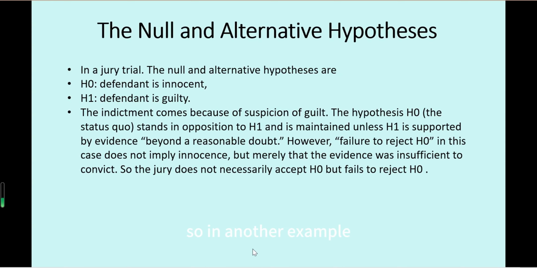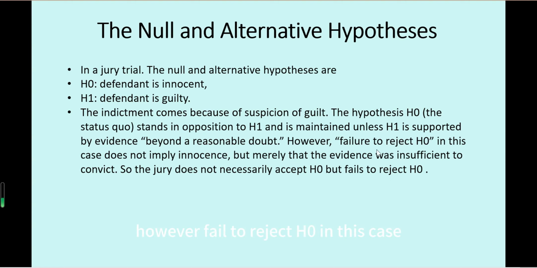So in another example, a very famous example in jury trial, the null and alternative hypotheses could be H0 is the defendant is innocent, and H1 the defendant is guilty. So the indictment comes because of suspicion of guilt, and the hypothesis H0, the status quo, stands in opposition to H1 and is maintained unless H1 is supported by evidence beyond a reasonable doubt.